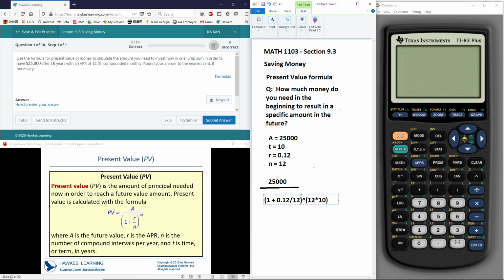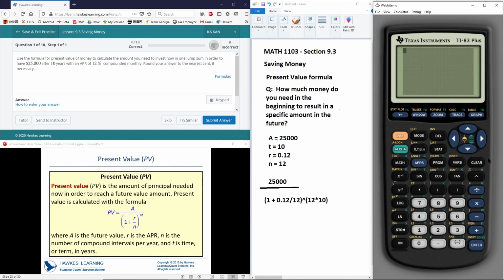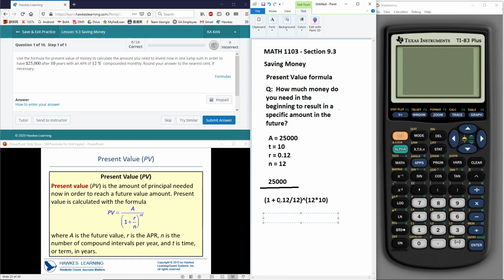Now, when you get problems like this, my advice is to solve it one step at a time. Some of you who are good at the calculator, just put everything in there, that's cool. But for me, I go ahead and do it like this. So the bottom right here is parenthesis 1 plus 0.12 over 12.